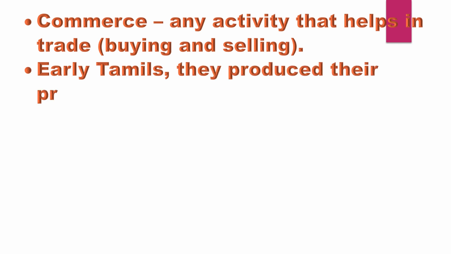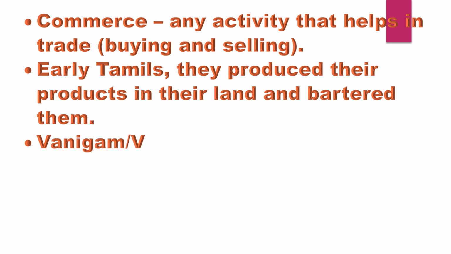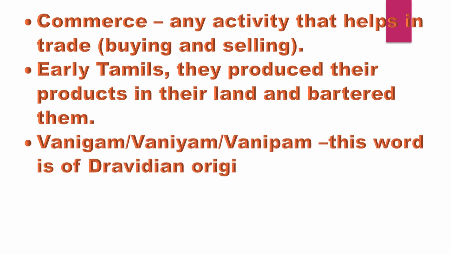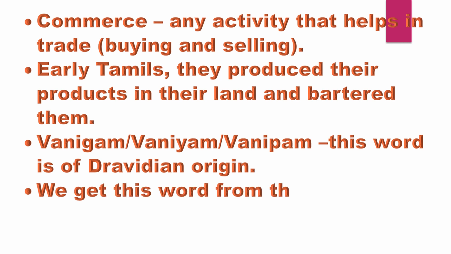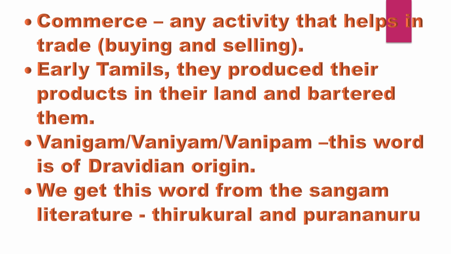When we say trade, what does it mean? Buying and selling. Early Tamils, they produced their products in their land and bartered them. Vanigam, Vaniyam or Vanipam. Now we use this word from the Sangam literature and this word is of Dravidian origin. Now we get this word from the Sangam literature like Tirukural and Purananur.